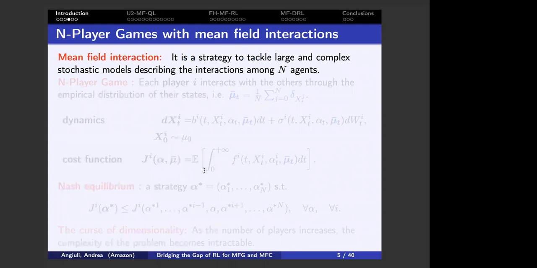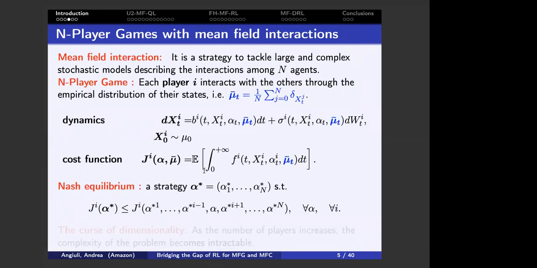On the other hand, for mean field theory, the main core idea is the mean field interaction, which allows us to describe complex models with n agents. This idea was initially used in physics to describe systems of particles, but later on has been applied also in game theory. In particular, we can describe an n-player game with mean field interaction by introducing the empirical distribution of the states of the agents, both in the dynamics of each single agent and in its own cost.